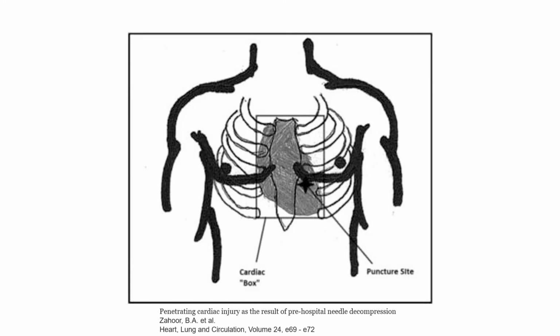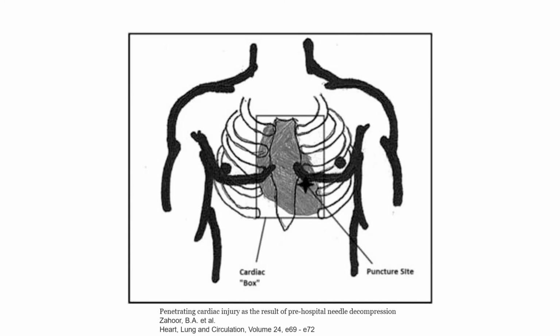There's the subclavian vessels, there's the cardiac box. We really do risk causing more harm, and there's a multitude of case reports on this showing that a misdirected needle at the second intercostal space can create a lot of badness.